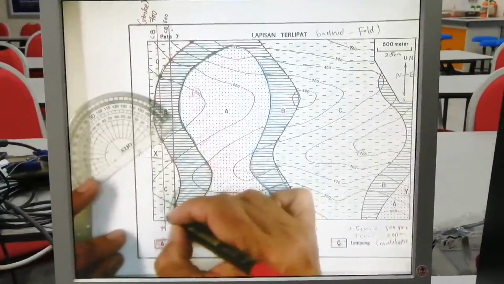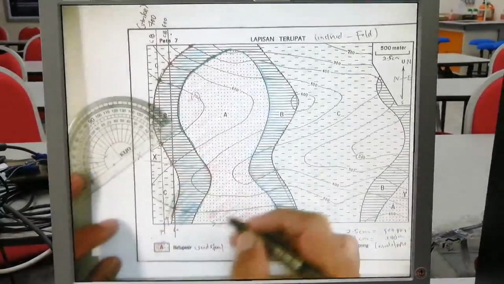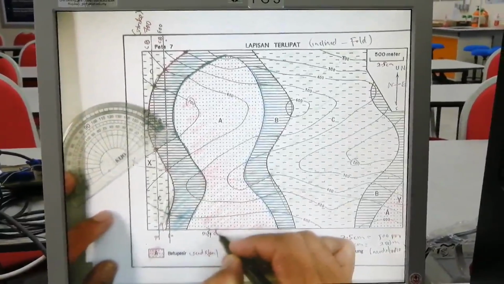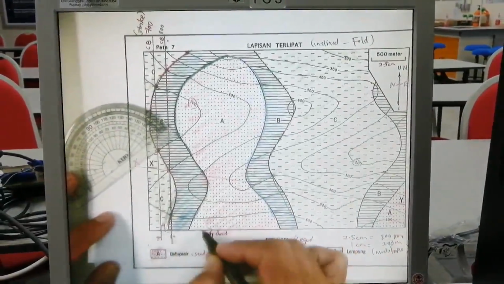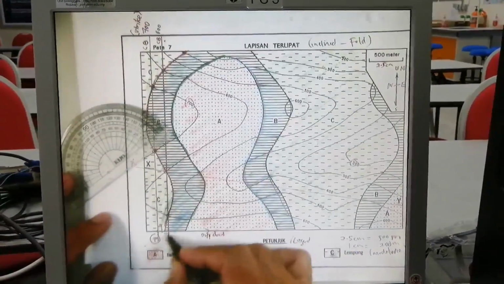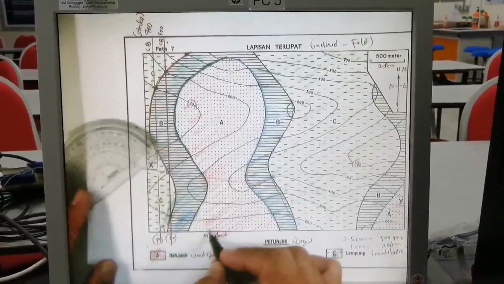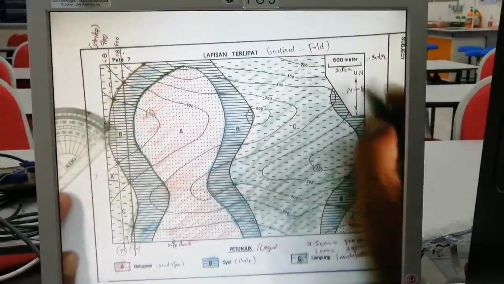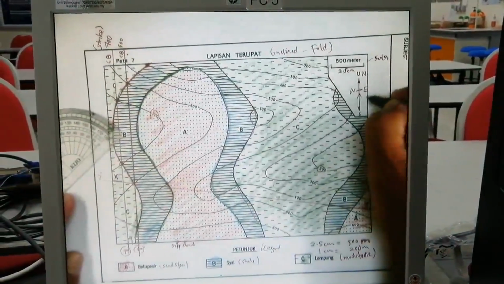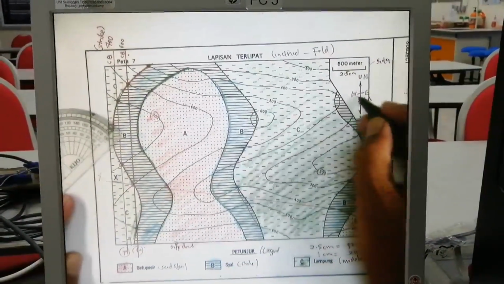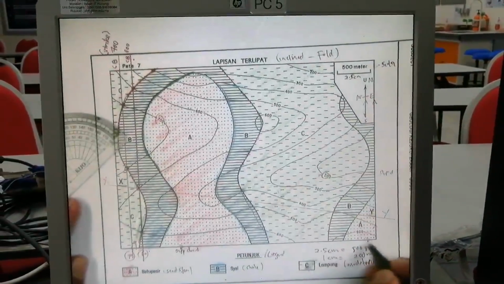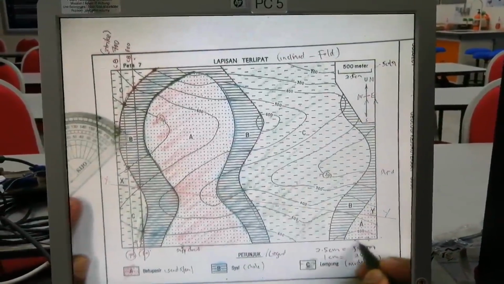So 90 degrees here. Our dip direction is in this way, because it goes from highest to lowest toward here. Based on the legend that we have here, we know that this line is parallel to north, this one is toward west, and this one toward west.